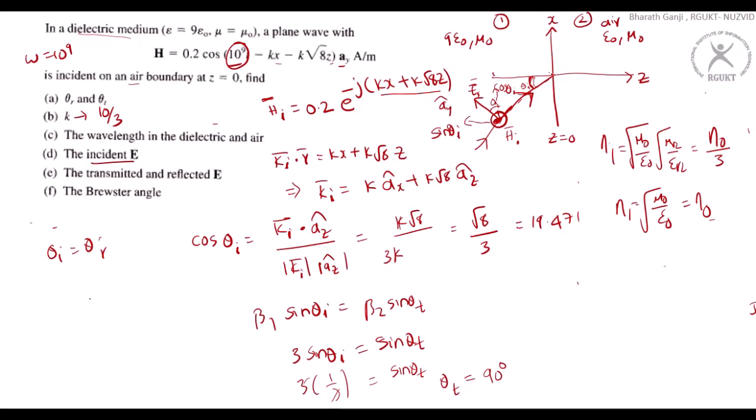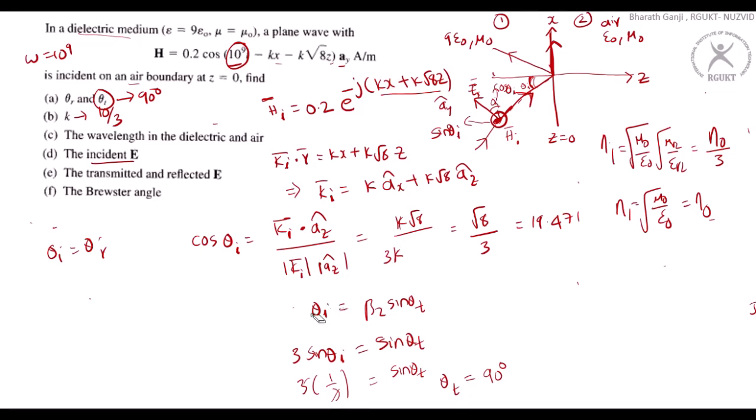So there is a reflected wave definitely, but the transmitted wave is creeping along the x-axis, right? So that is your transmitted wave. I have theta t as 90 degrees. That makes things very interesting.